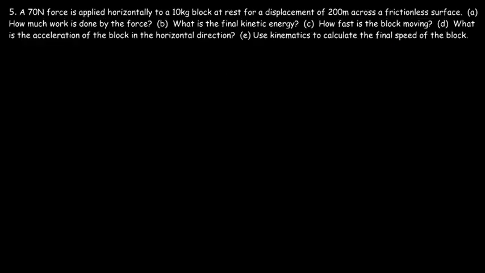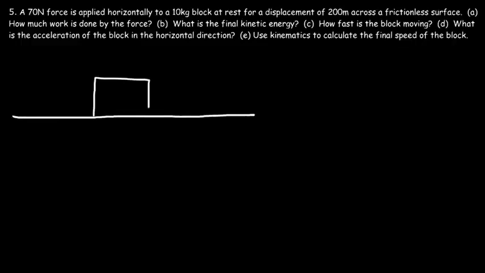So this problem says that a 70 Newton force is applied horizontally to a 10 kilogram block at rest for a displacement of 200 meters across a frictionless surface. So this is going to be the horizontal frictionless surface, and this is the 10 kilogram block.